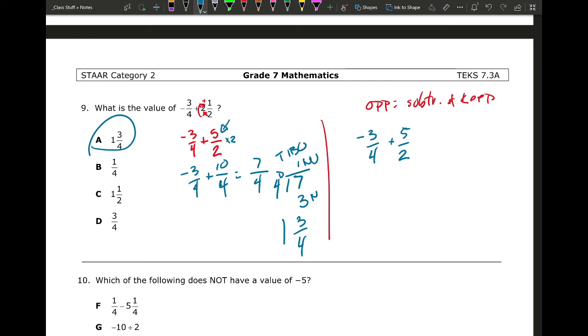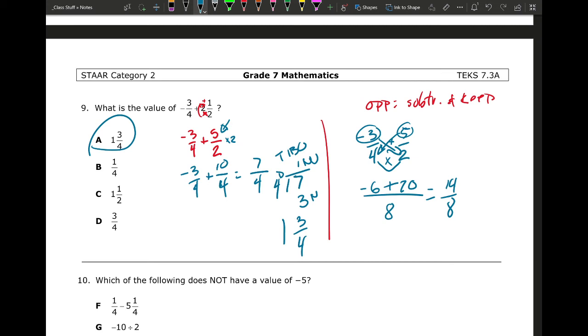So, again, multiply these two. So that's going to be 8. Then this times that. Negative 3 times 2 is negative 6. Plus this times that is 20. 20 minus 6 is 14/8.